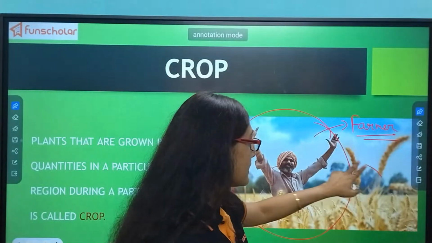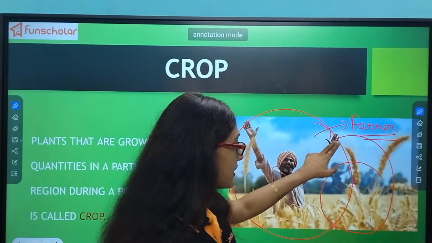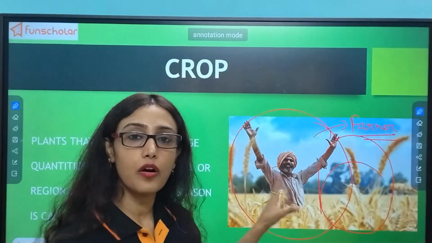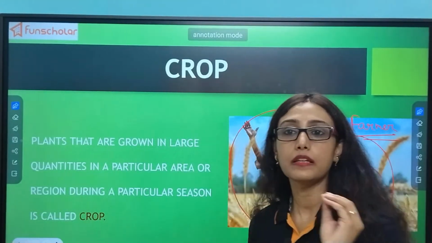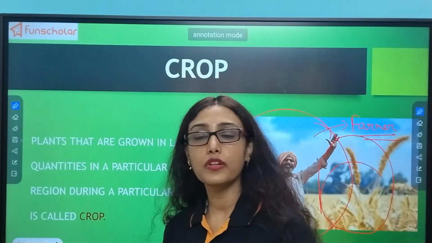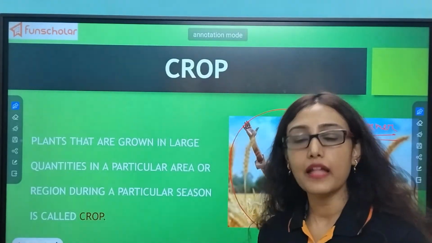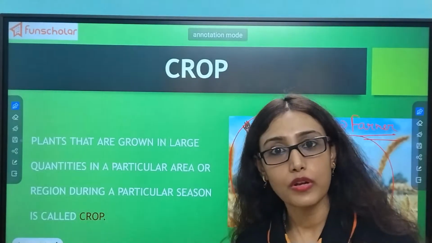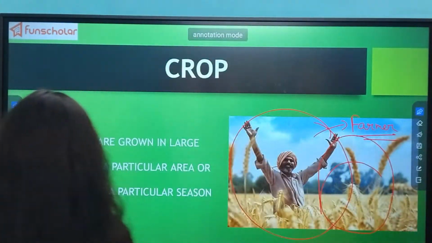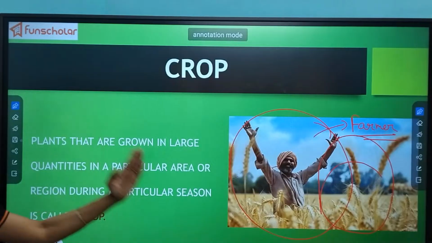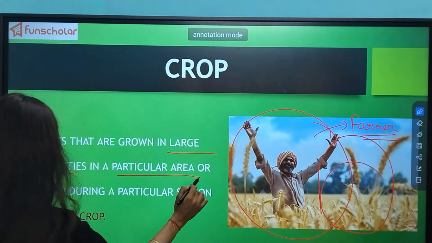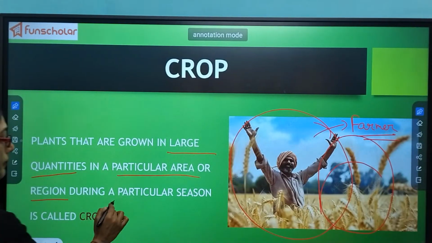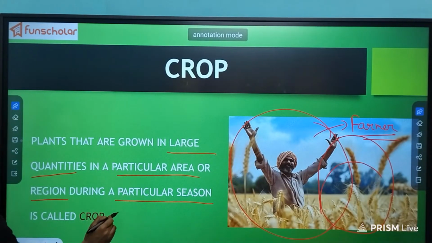Because taking care of plant, everything is done by man or machine, and it is not nature dependent. Okay, it is fully dependent on humans for its production. So let's read. Plants that are grown in large quantities in a particular area or a region during a particular season is called crop. Right?